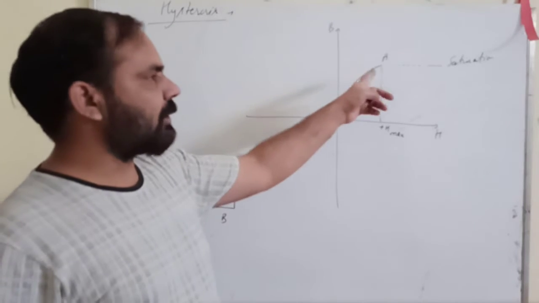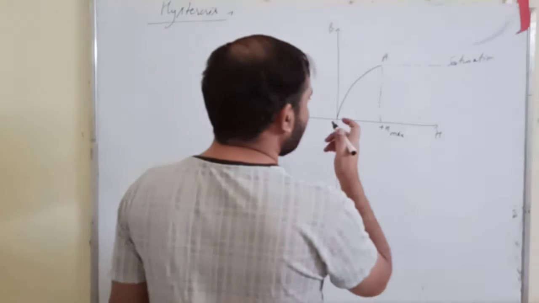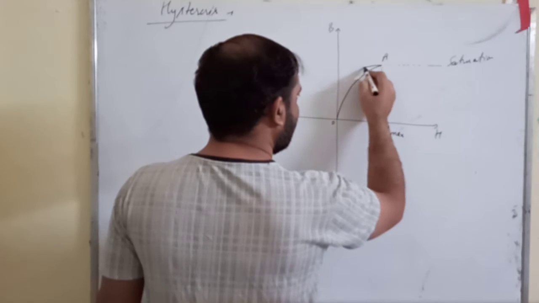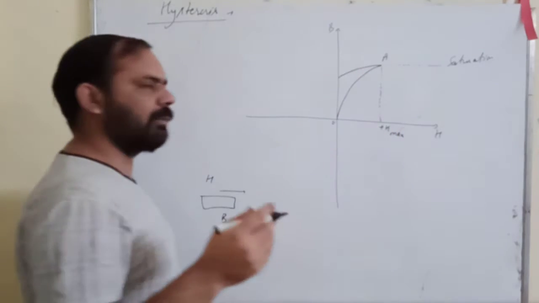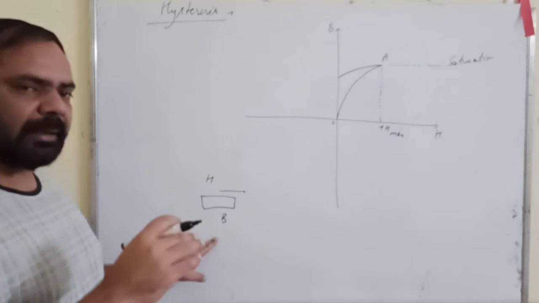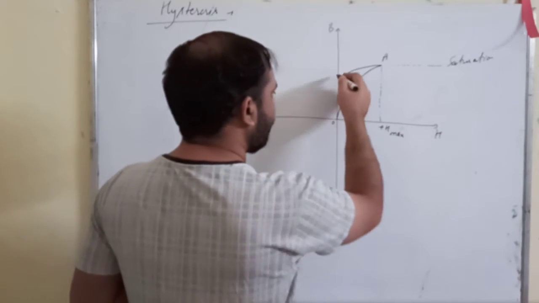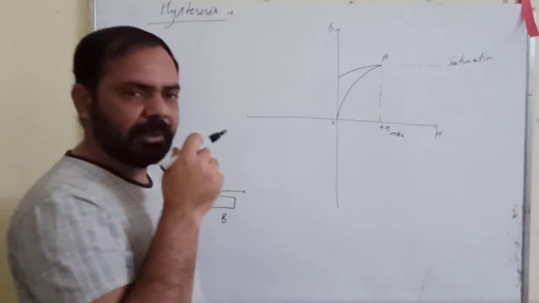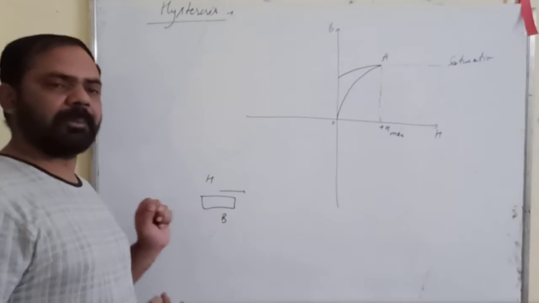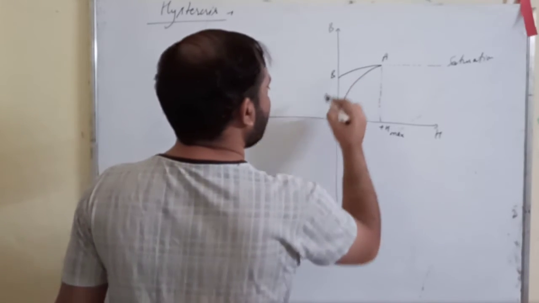Now we start reducing the value of H, and the graph does not retrace this path. It comes like this. When we decrease the value of H, the value of B also decreases, but does not become 0. H becomes 0, but B does not become 0, means some amount of magnetic effect is retained by the object. And we reach at this point, suppose B.